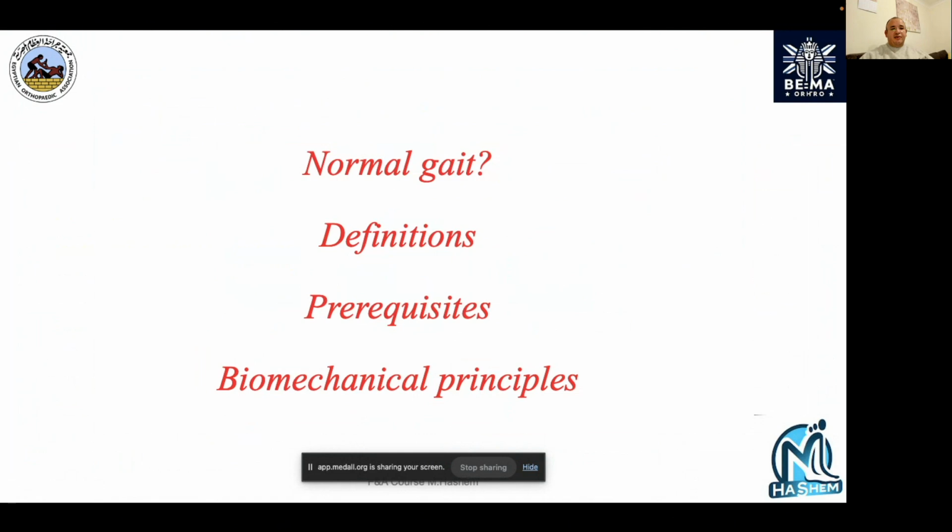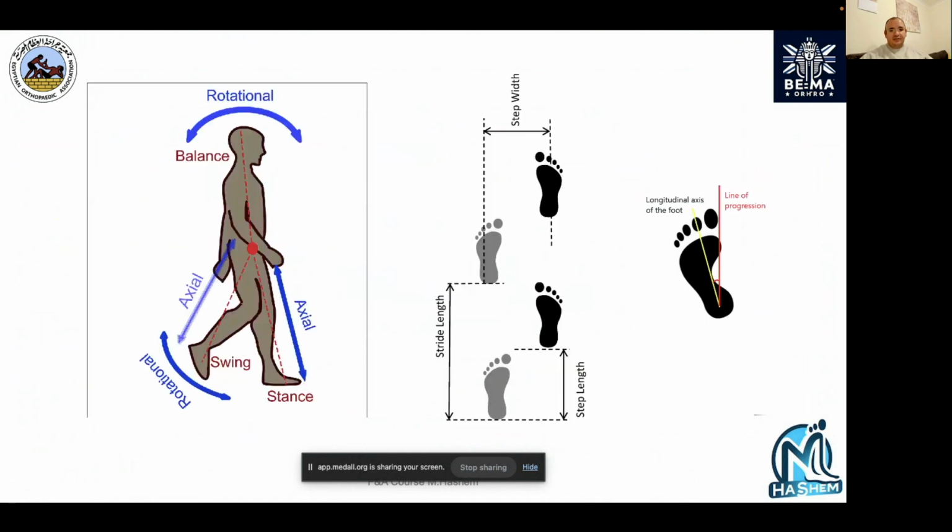When we speak about the normal gait, we'll go through definitions, prerequisites, and biomechanical principles. To understand the definitions, you need to understand what a step is, and with the step, what a stride is, and then the types of movement. As you can see from this picture, step length is the distance from heel strike of one foot to the heel strike of the other foot.